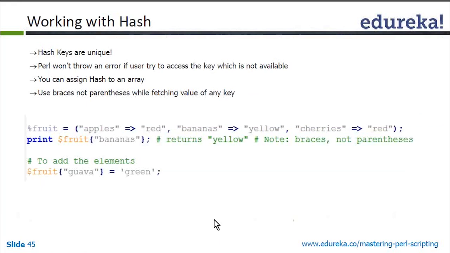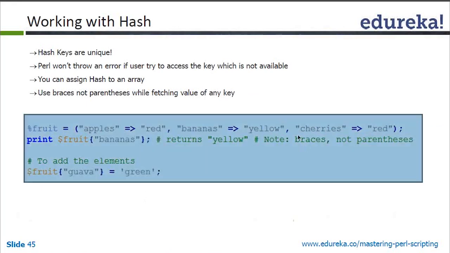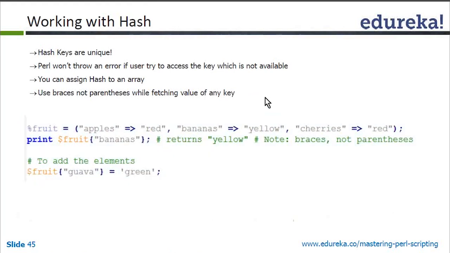This is a small hash, but if you see the actual hash implementation in C or anything, it is very complex, with a lot of data structures from which you find a value. While searching, a hash is very fast.